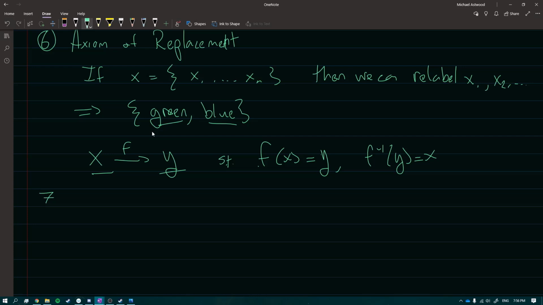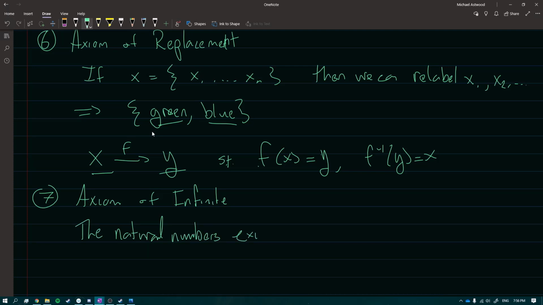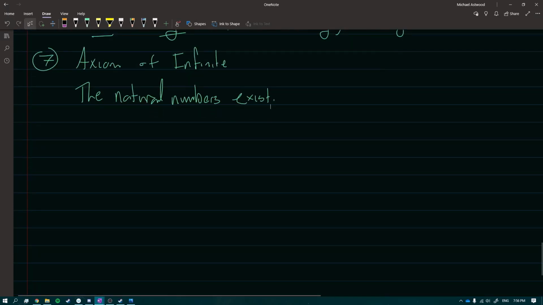The 7th axiom is the axiom of infinity. It says that the natural numbers exist. That's basically it. There's an infinite set, it's called the natural numbers, and we can do things with it.